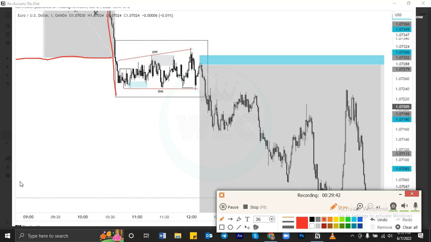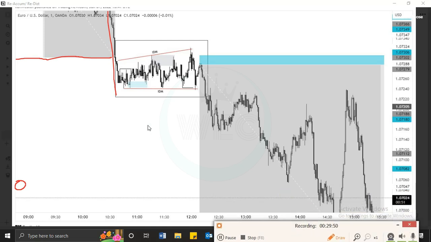There were Asian lows from the previous day, somewhere here, to be taken. And like I said, 5 minutes had already broken structure, and so we can look for counter trend trades to the upside. Then we can sell back when we get into supply zones above the 5 minutes.